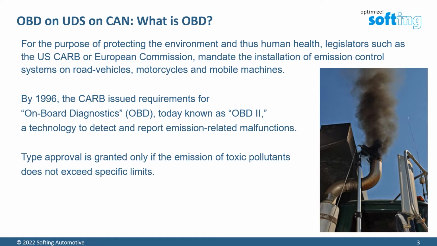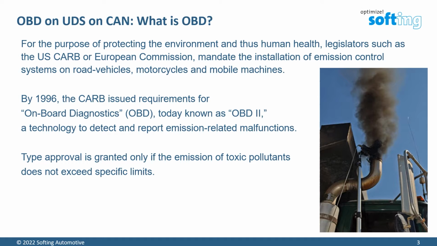As this presentation deals with OBD on UDS on CAN, I first should explain what OBD is. For the purpose of protecting the environment and thus human health, legislators such as the US California Air Resources Board or the European Commission mandate the installation of emission control systems on road vehicles, motorcycles and mobile machines.